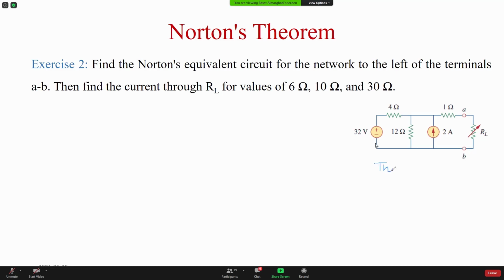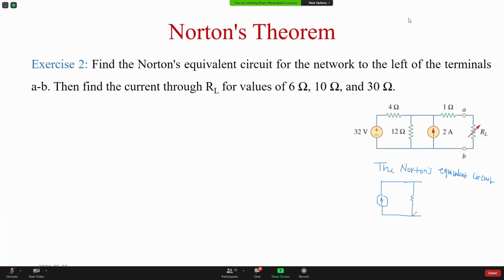the Thevenin, oh, Norton here, sorry, the Norton equivalent circuit. The Norton equivalent circuit is actually going to be a current source, and this is a DC circuit, so it's going to be a current source in parallel with impedance or resistance.